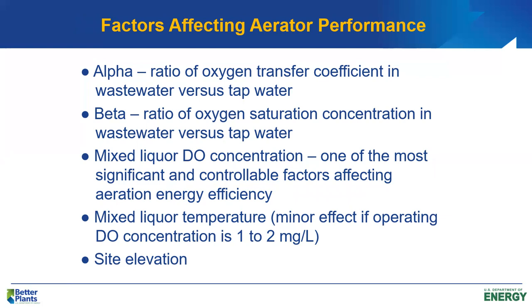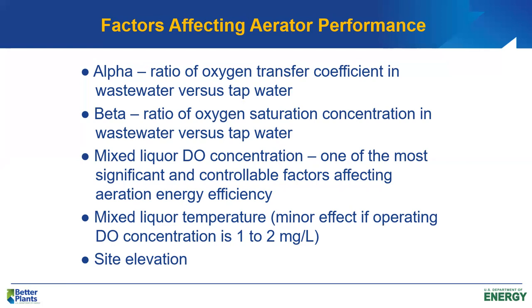And typically in most activated sludge systems, we'll try to maintain a DO of 1 to 2 milligrams per liter. If we have high organic loading, we may need to increase the DO concentration to deal with high organic loading. But typically 1 to 2 milligrams per liter is adequate in our biological reactor where we have aerobic conditions.